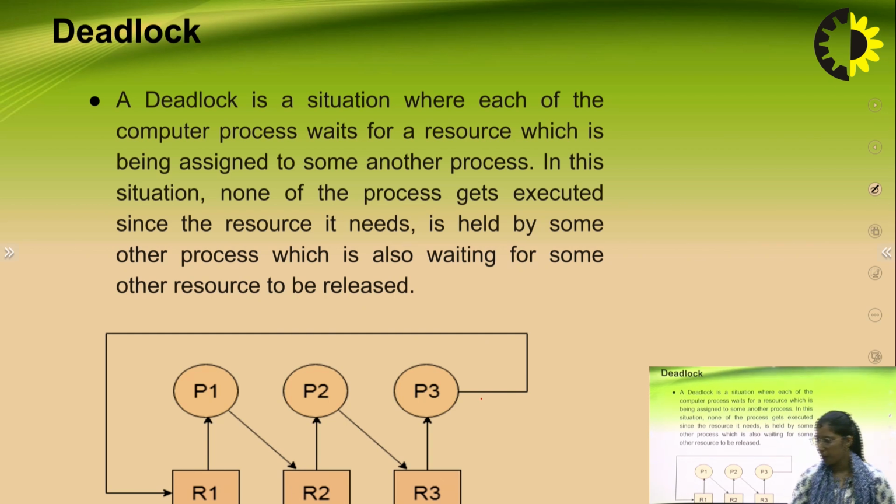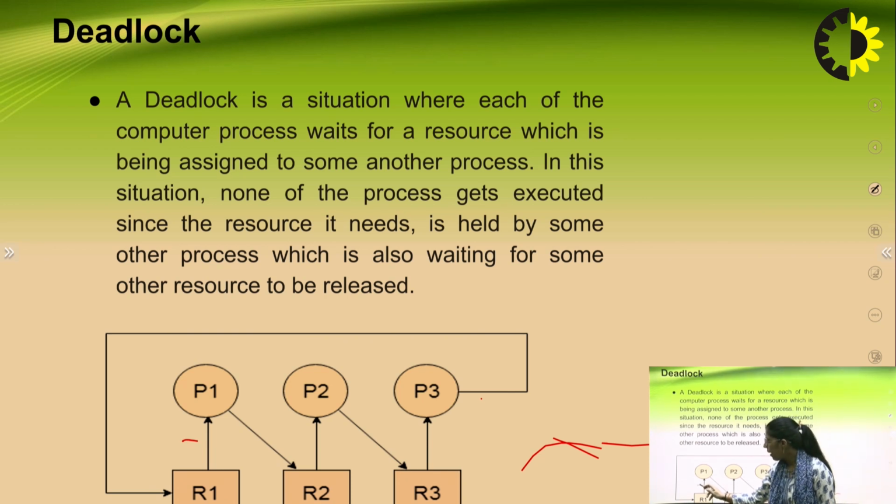Let's see here, we are having three processes, and this arrow shows that this particular resource R1 is acquired by process P1. Similarly, R2 is acquired by P2 and R3 is acquired by P3. Here we can see, apart from acquiring this particular resource R1, P1 also requires R2 for its execution, and till P1 does not get R2, it cannot complete its execution.